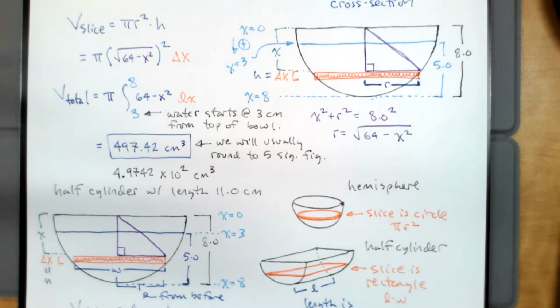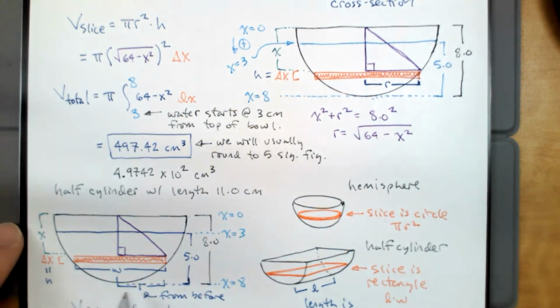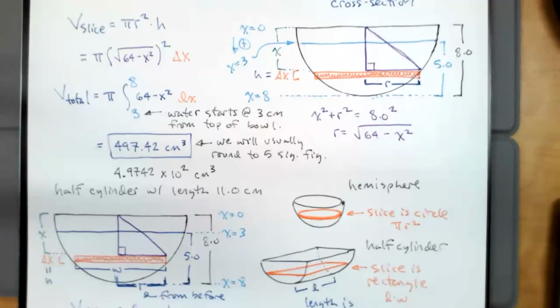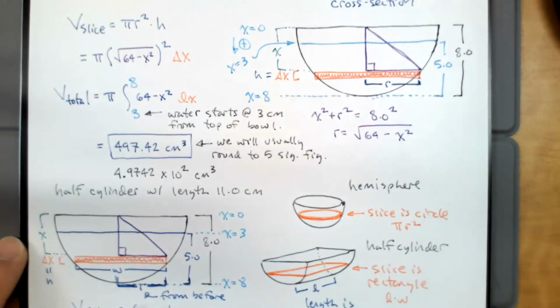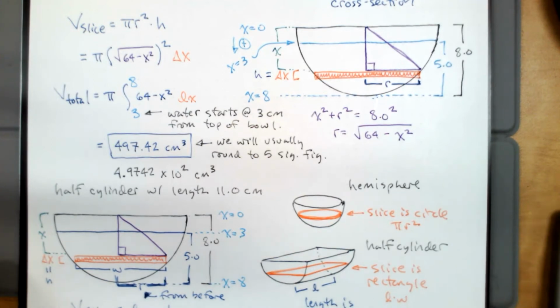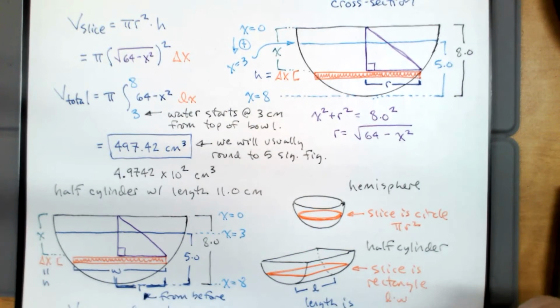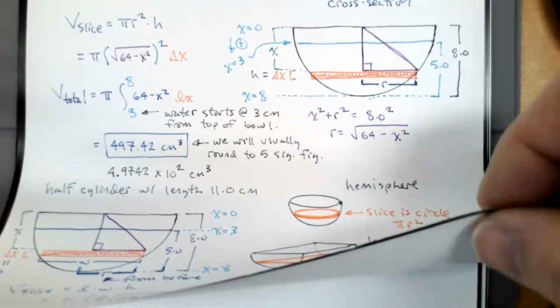That radius is half of the width. So that's why I want to use 2 of them. We can also look at that if we look at that triangle.